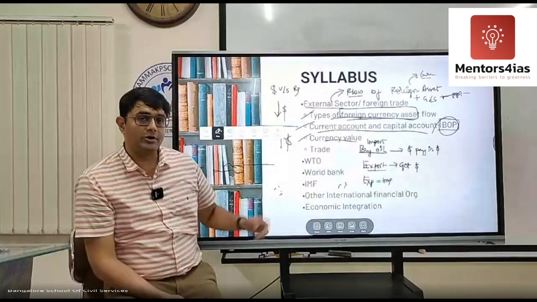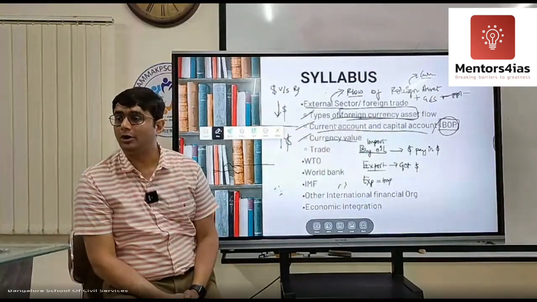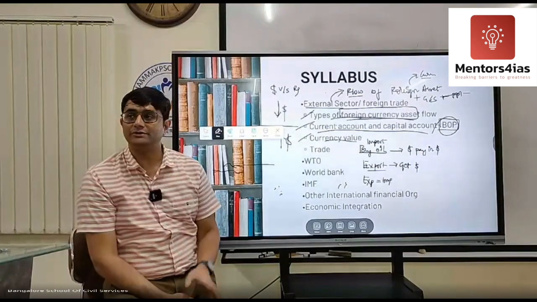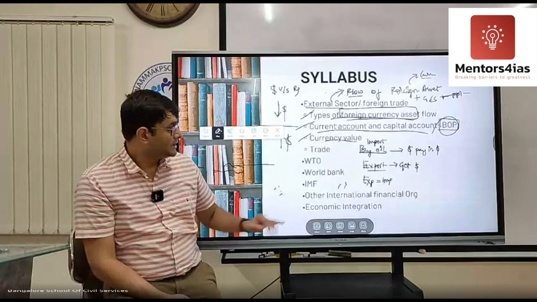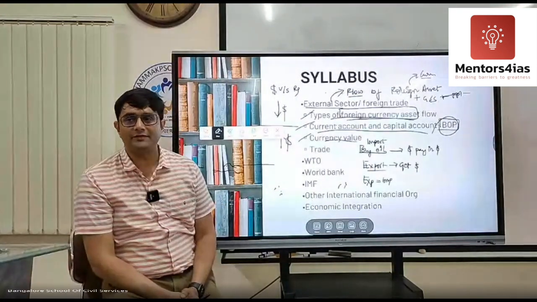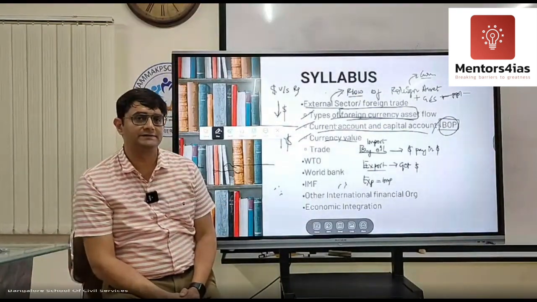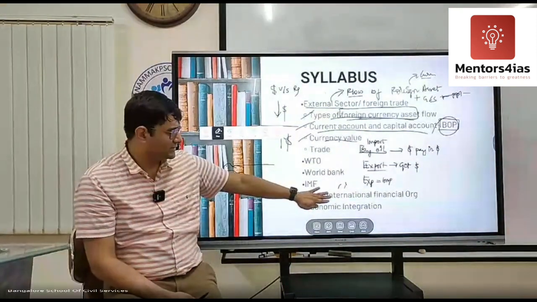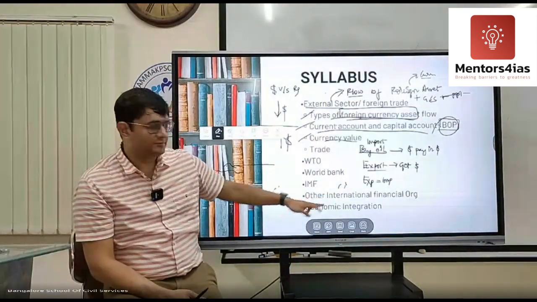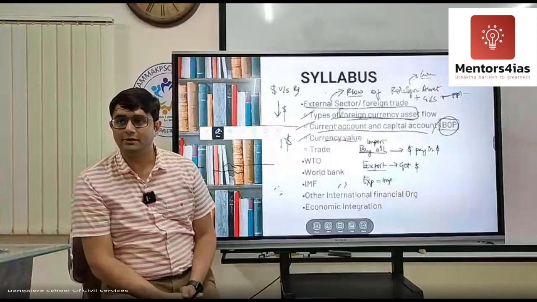Then IMF, International Monetary Fund, which ensures liquidity across the world. Then other financial organizations like BRICS and ADB, Asian Development Bank, etc., whichever is in news. I won't stress too much on that. It's all factual information, whichever is in news.